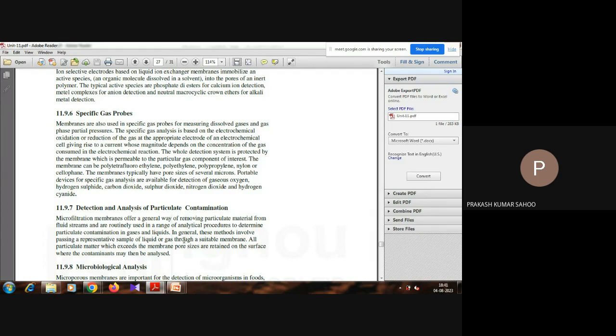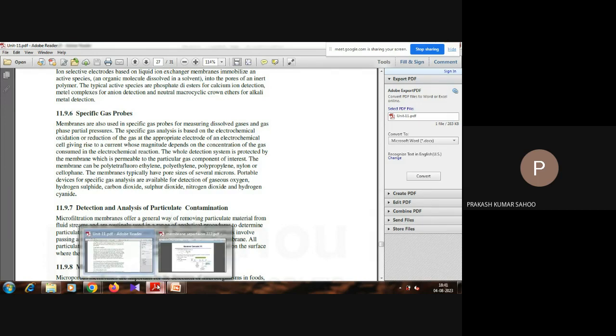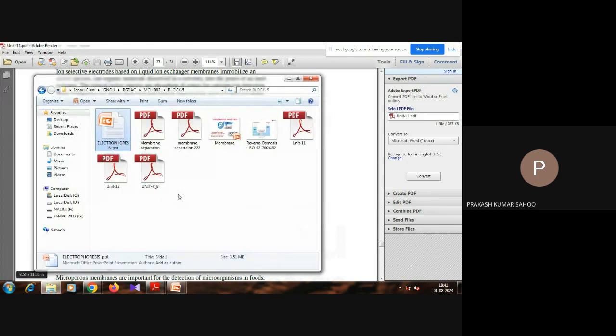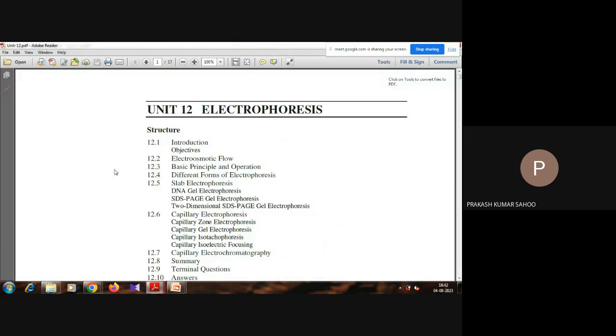Then at the end we have the last unit of our paper, that is electrophoresis. This is an application of the electrolysis process, where there is migration of ions, that is cations or anions, to their respective electrodes through the application of an electric field.